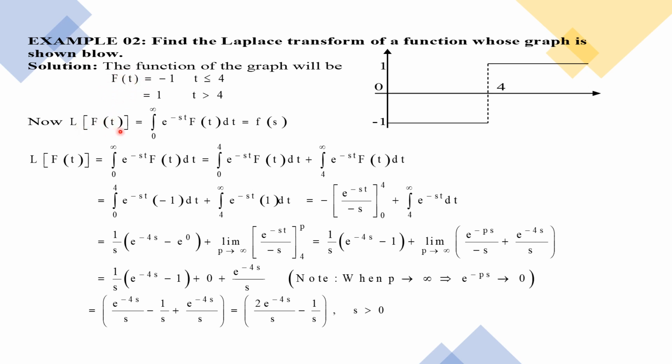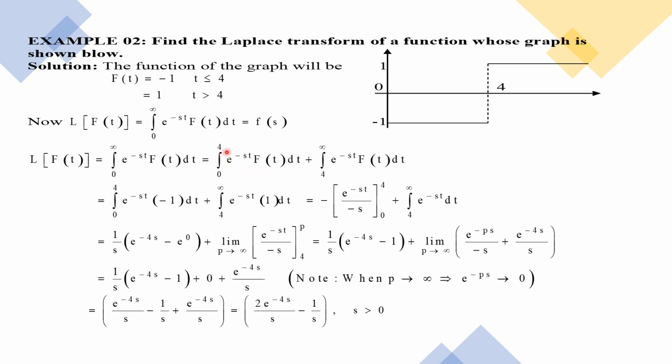Find the Laplace transform of this f of t. Laplace of f of t, by the definition of the Laplace transform, is the integral from 0 to infinity of e power minus st f of t dt. This represents F of s. So this range 0 to infinity is broken into 0 to 4 and 4 to infinity, e power minus st f of t dt.